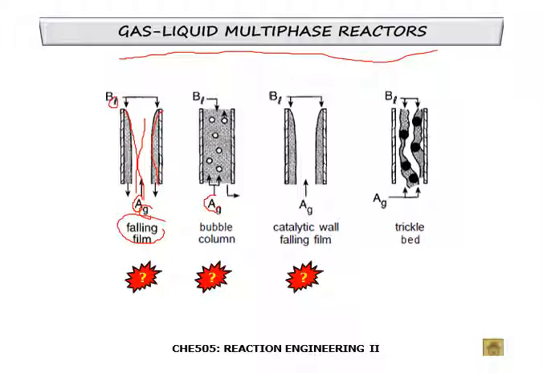Then the trickle bed: A goes through this one in gas form, and B is in liquid. Alright, that is how it looks. Okay.